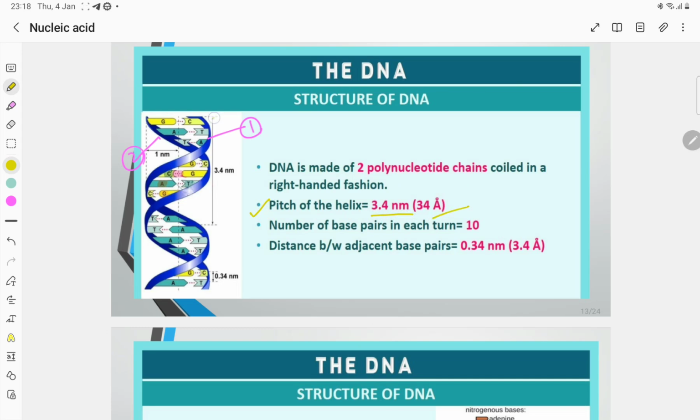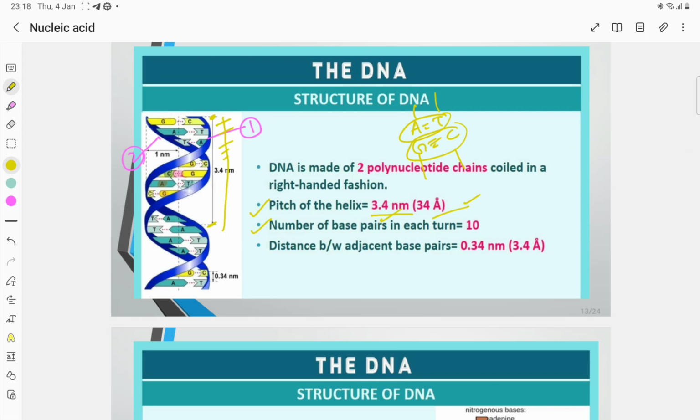That means from here to here the total distance is 3.4 nanometer, or 34 angstrom if you convert into another unit. Next, base pair means A double bond T, G triple bond C. So this is one base pair and this is another base pair. Clear?